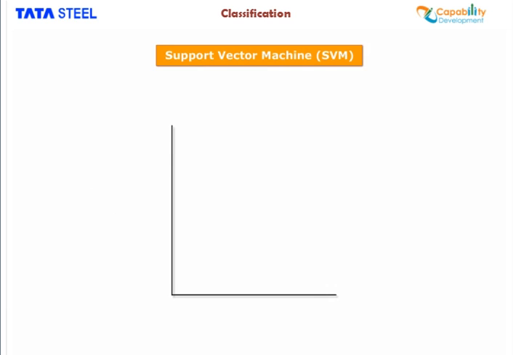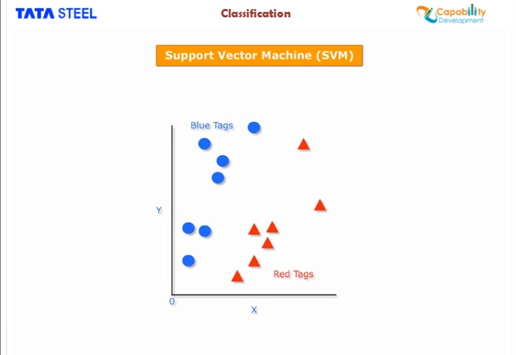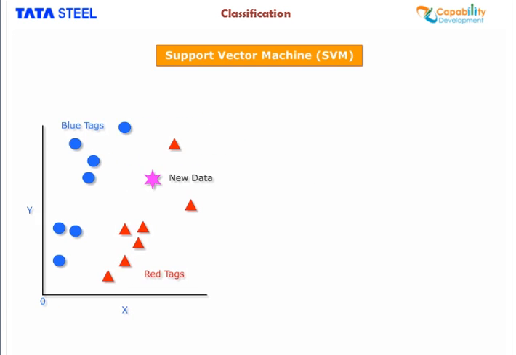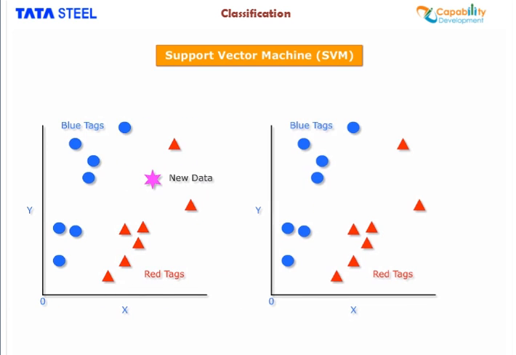Take a look at this example to understand how support vector machines work. Imagine you have two tags, red and blue, and each tag has two features, x and y coordinates. For a new pair of coordinates, you require a classifier that would predict whether the given coordinate would be a red tag or blue tag. At first, you plot your labeled training data on a plane.